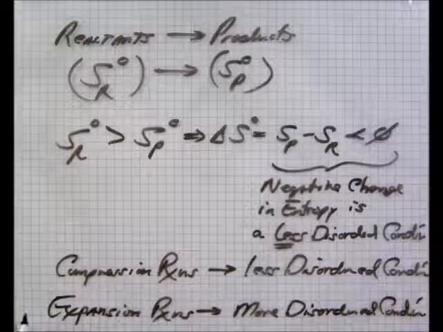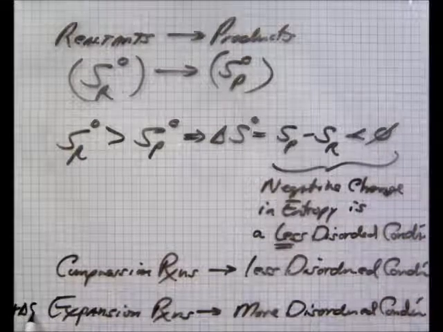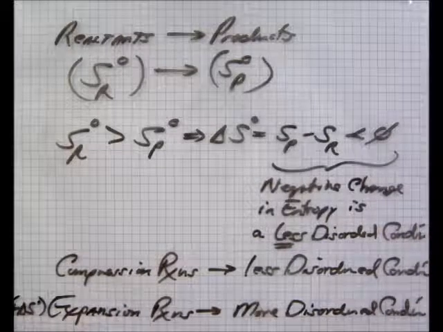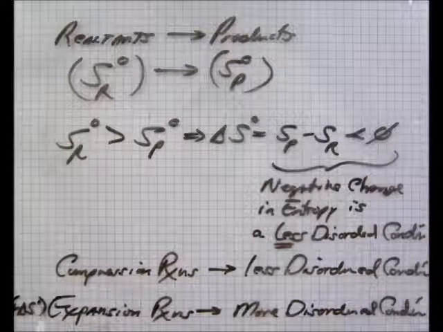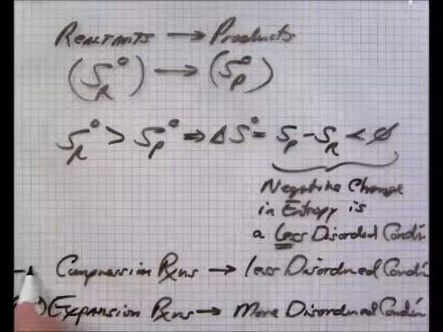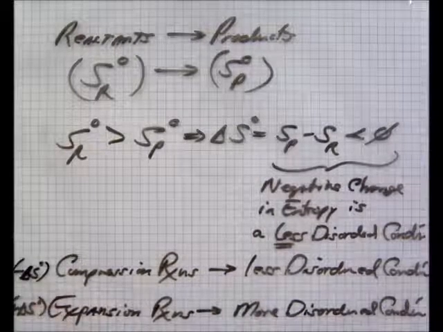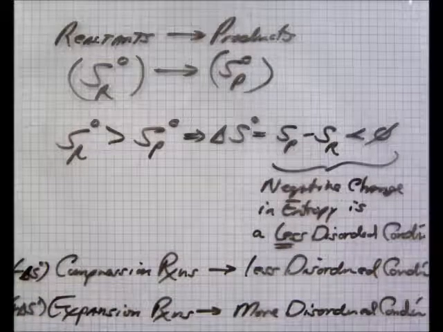And so expansion, increasing disorder, would be a plus delta S, and compression would be a negative delta S, or becoming less disordered.